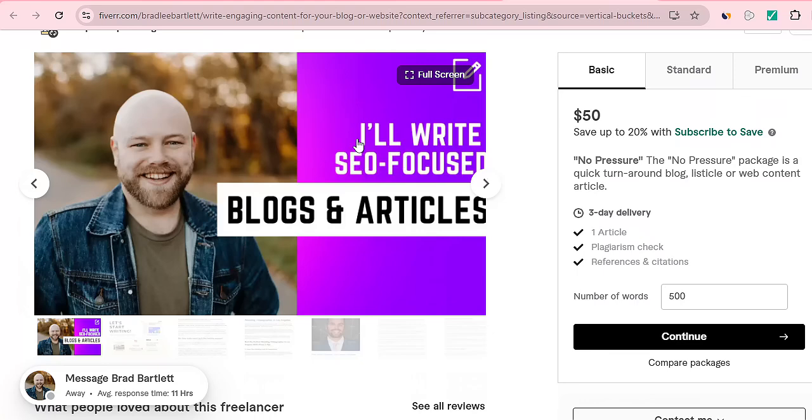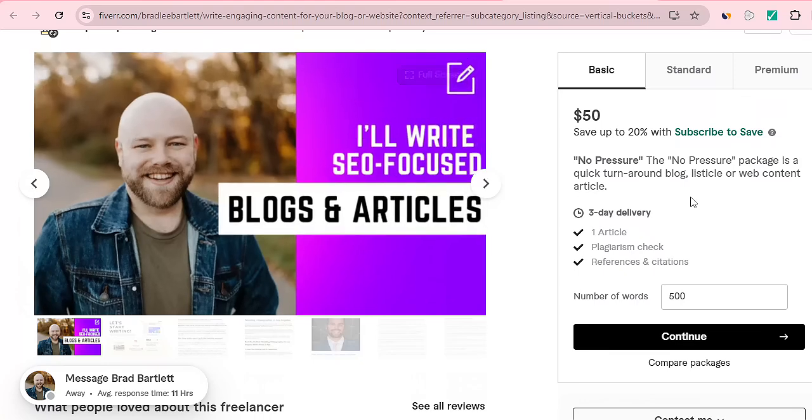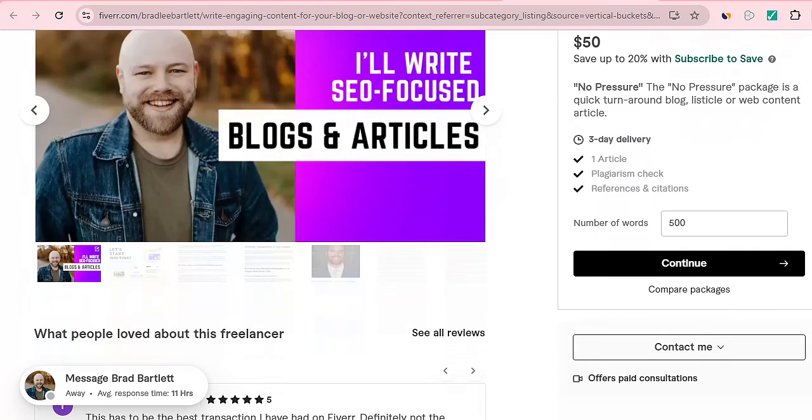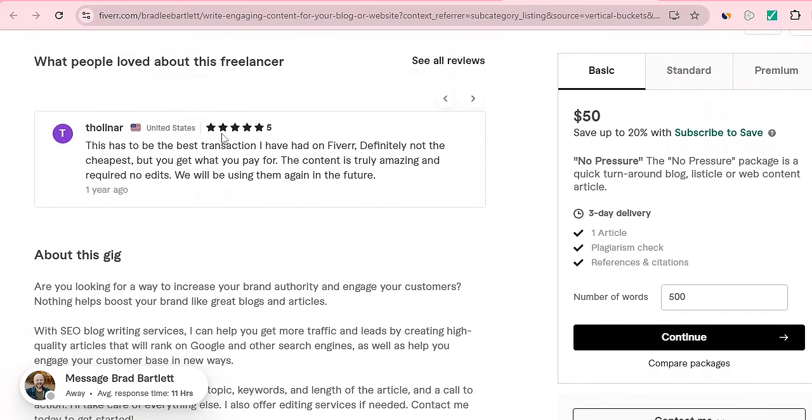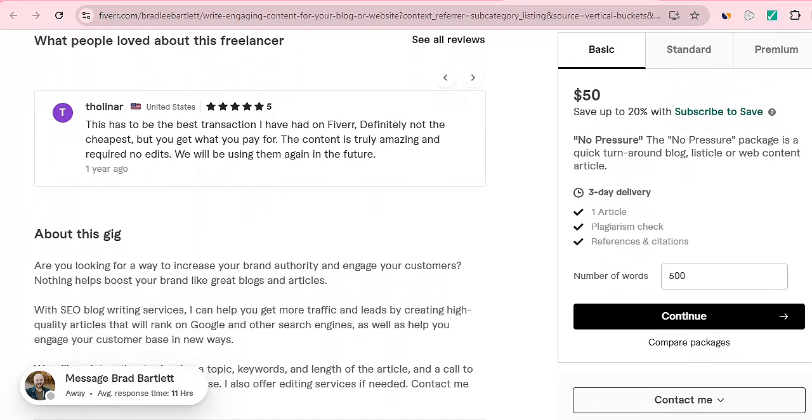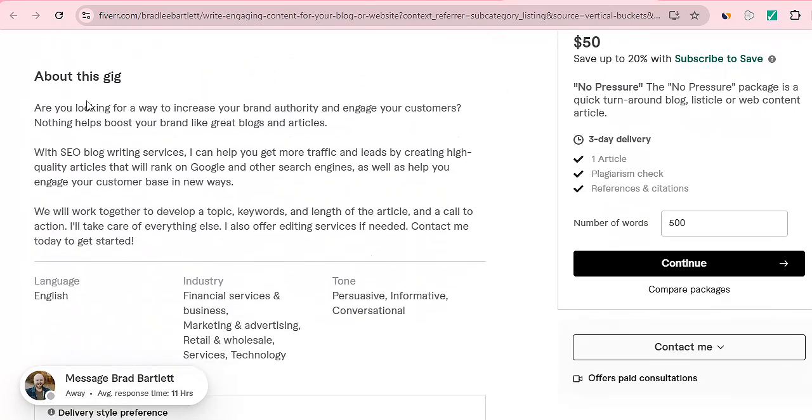And of course you can see it says I'll write SEO focused blogs and articles. So that means that is his niche and focus area. So you can see what people are saying about him. Now if you scroll down, he mentions, you can see about this gig, right?